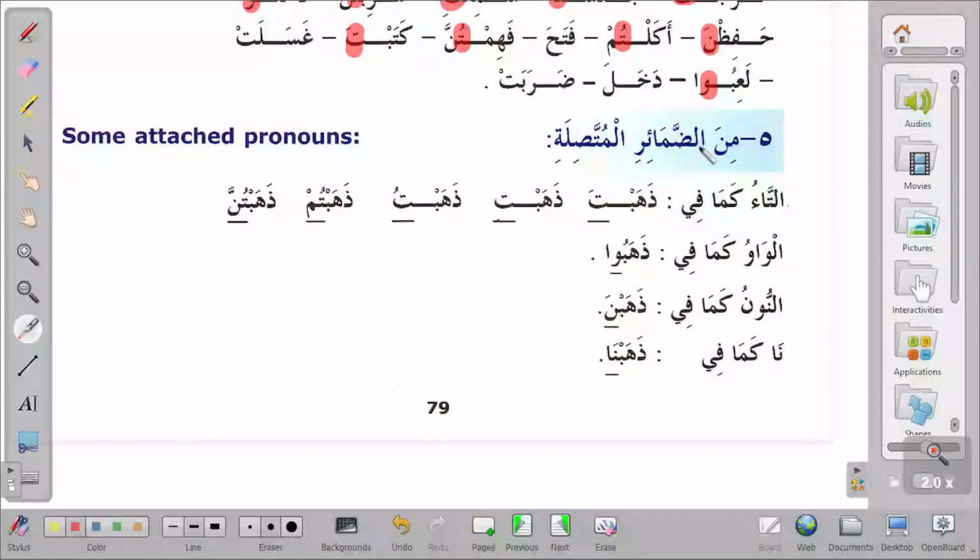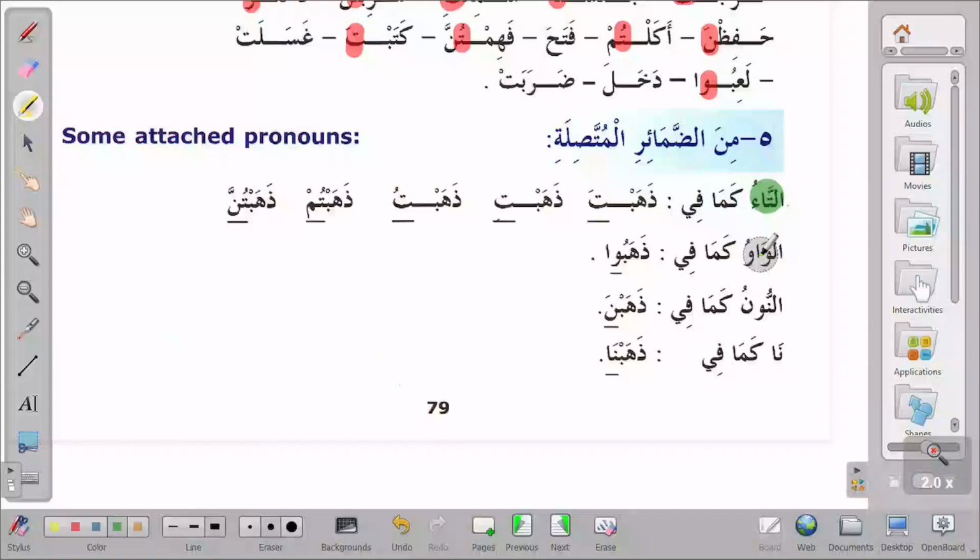So please observe here. From the attached pronouns, we have the ta.